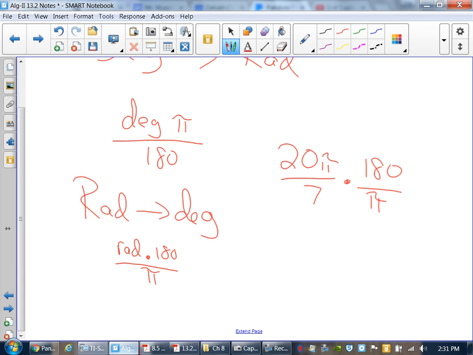Here, the pi's cancel out, and I get 3,600 divided by 7 degrees. Well, that's why you divide it out, that way the pi goes away. You're getting rid of the pi and switching it to degrees.